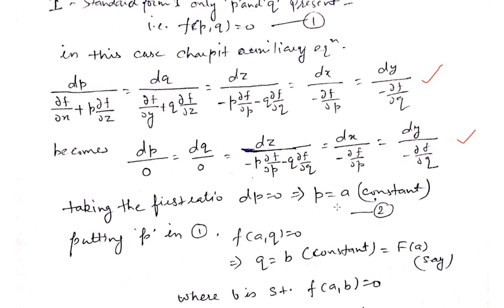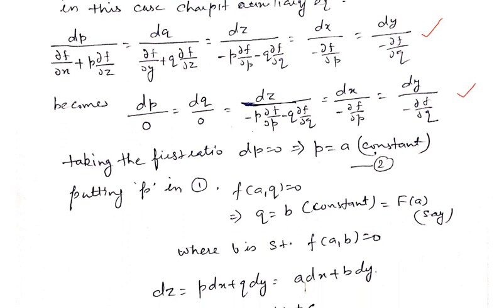Now we will put p equals a in the given equation, which is function of p, q equals 0. When we put it here, we get function of a, q equals 0. It means q can be expressed in terms of a, say function of a, capital F of a. Say this is equal to b, which is also a constant, but it is not an arbitrary constant. a is an arbitrary constant and b is some function of a.